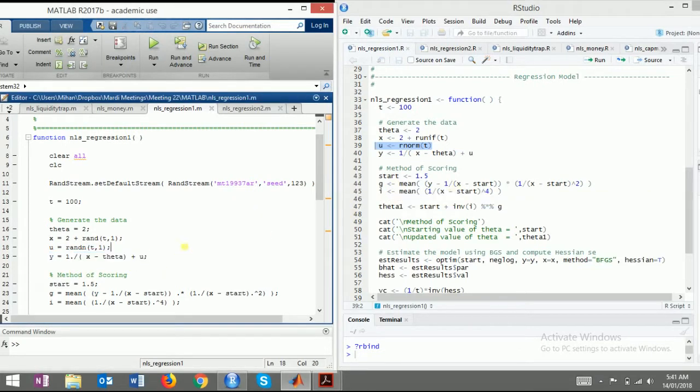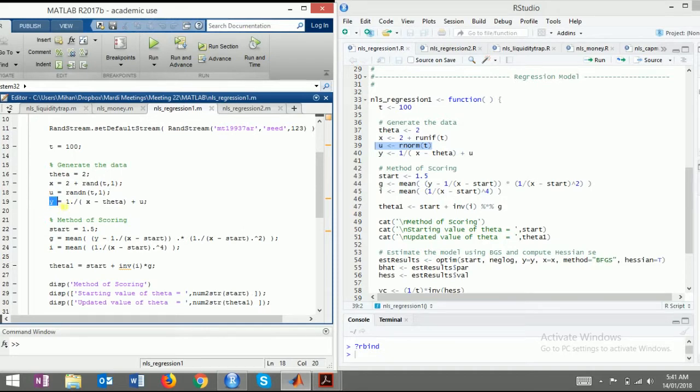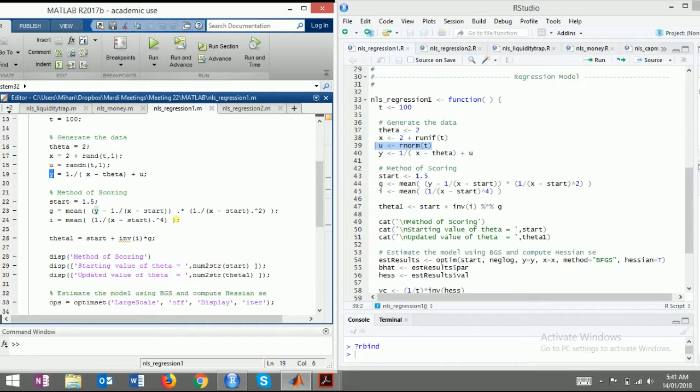With that we generate the values of y automatically, then start at 1.5. The gradient is mean of y minus the equation's portion. This is the value of u actually, y minus 1 over (x minus start), multiplied by 1 over (x minus start) squared, right?